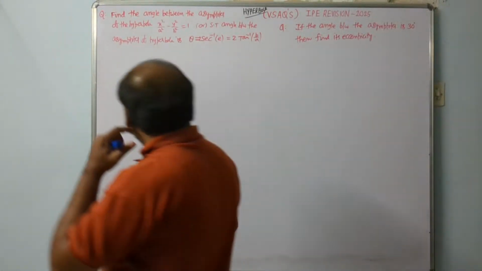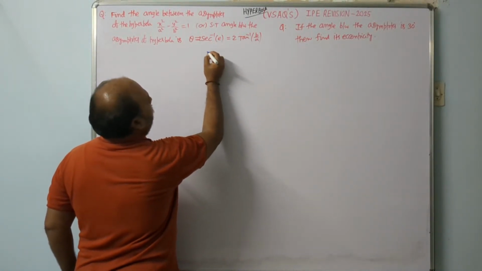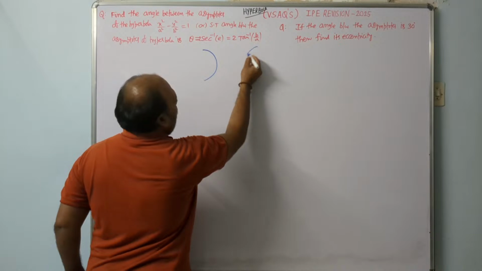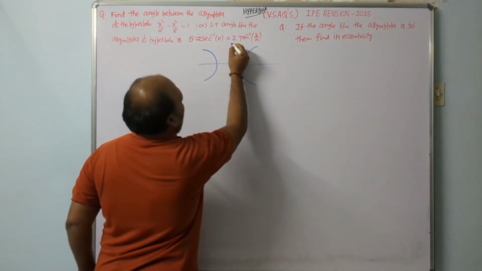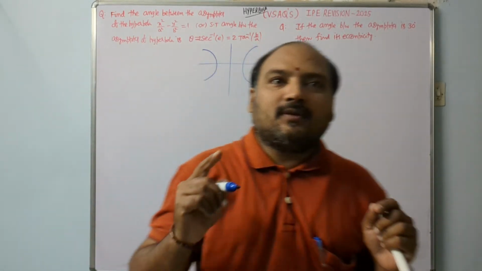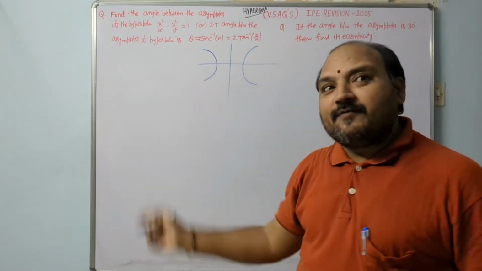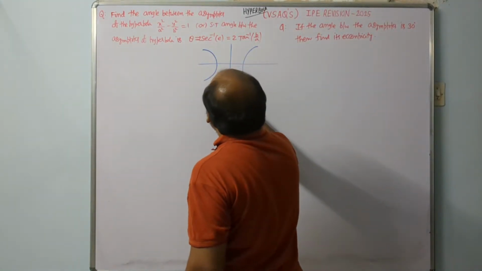Yeah, how to get it. So the hyperbola equation will be like this, no? Asymptote means the tangent to the hyperbola which touches at an infinite point. We don't know where it touches, but it is passing through the origin.